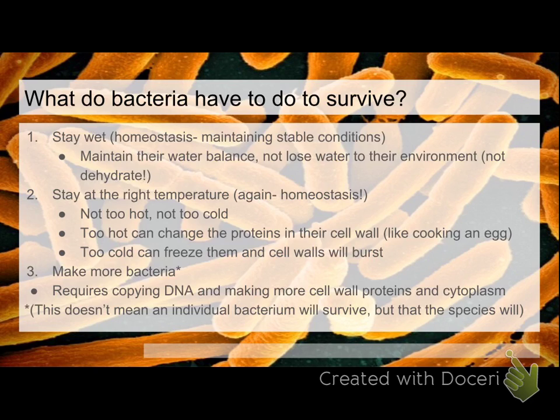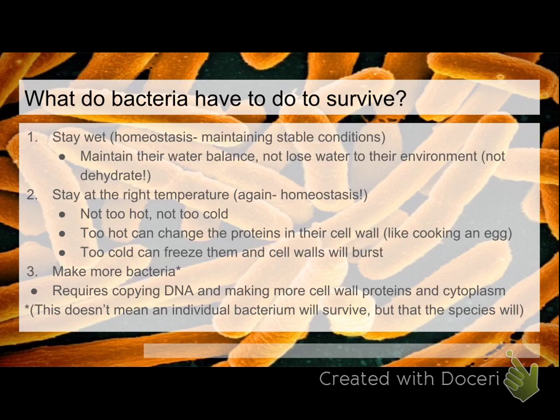What does the bacteria have to do to survive around here? Because all they want is to survive. That's all anything in this world wants. Biology is all about staying alive and reproducing. That's it. What do bacteria have to do to survive? They have to stay wet. Maintain stable conditions, homeostasis. They have to maintain their water balance, not lose water to the environment, not dehydrate. They have to stay at the right temperature.